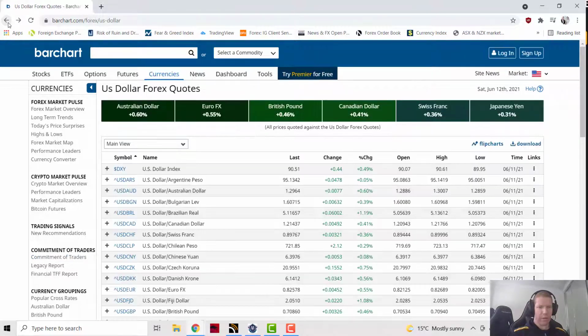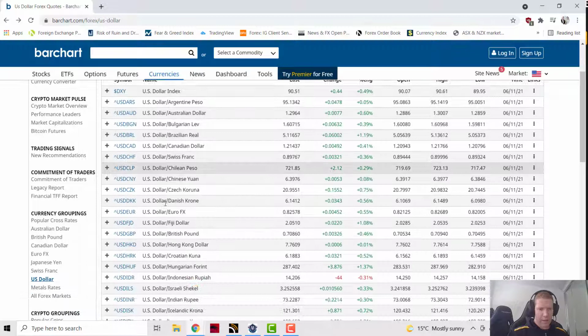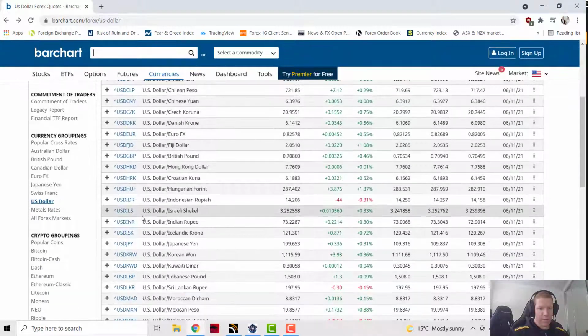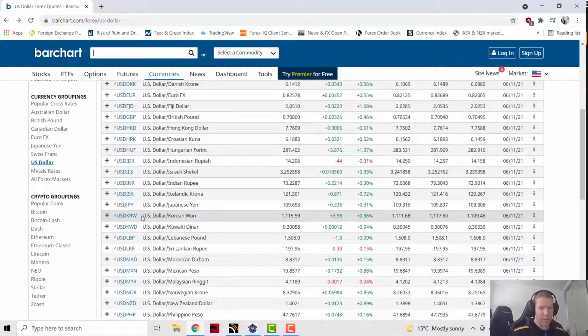Interesting. Let's have a look at the USDCAD. It's quite a series of interesting statistics on this, with the actual positions that were open.